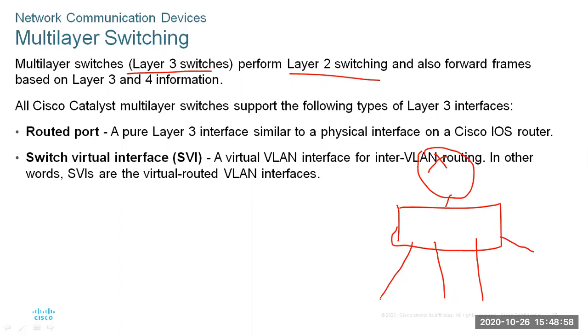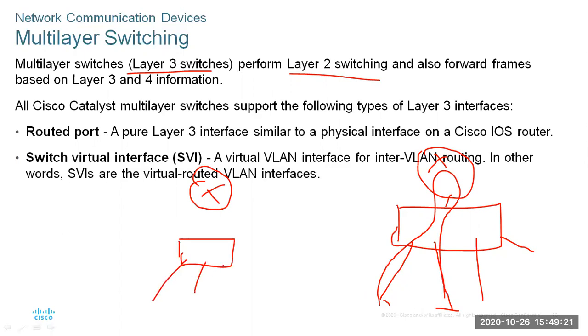So if this VLAN wants to communicate with this one, the traffic has to come to this switch, then go to the router, and then the router will route it back out to talk to the other VLAN. Now, a layer 3 switch is saying, okay, yes, you might have a router, and you might also have a switch that has VLANs.